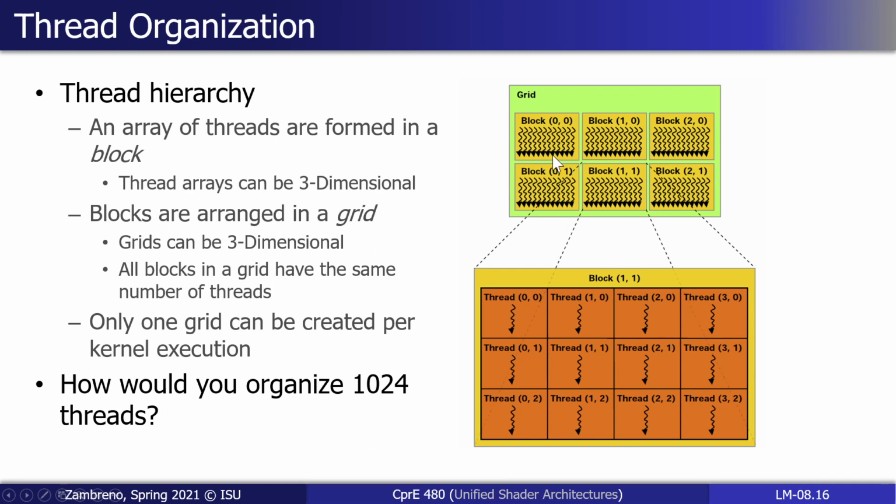And for these blocks inside our grid, one can assume as they're executed, they're completely independent of each other. Block 0,0 will have essentially no knowledge of what block 1,0 is doing.